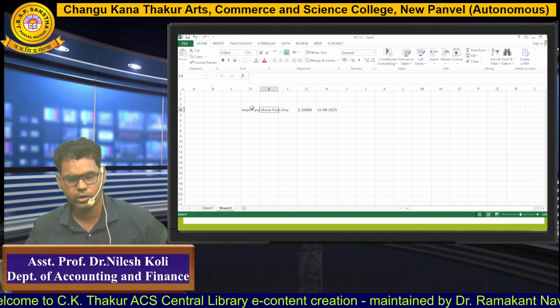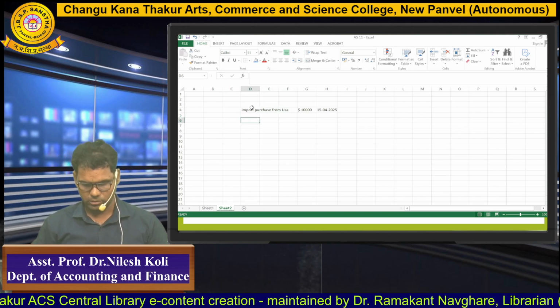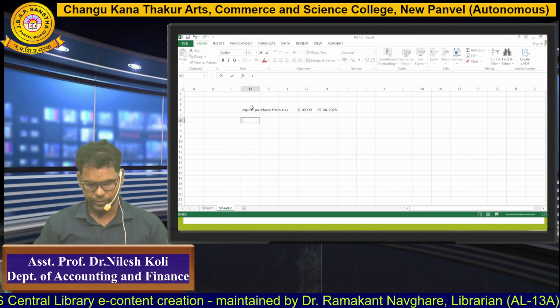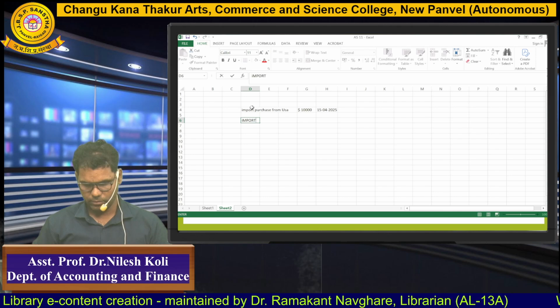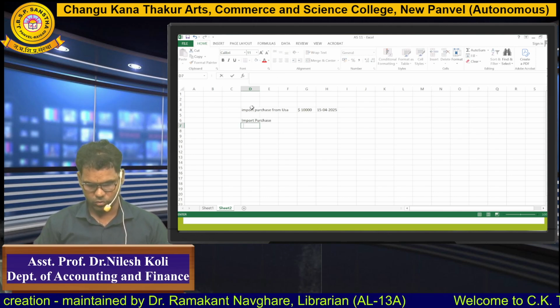Now if you want to record this transaction in the books of account, how are you going to record it? Here the import purchase account will be debited, to creditors account.